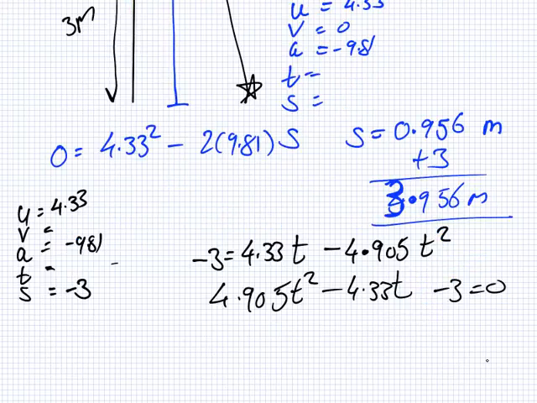Right, mode, let's check this out. So, first answer, t is 1.34 seconds, and the next answer you reject, because it's negative.